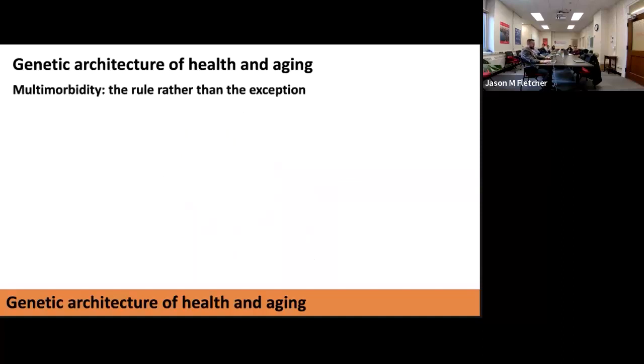In that regard, that's why advancing age is associated with an increased risk for multiple chronic conditions across diverse organ systems. So multimorbidity, which is the coexistence of two or more chronic conditions within an individual, is highly prevalent among older people.